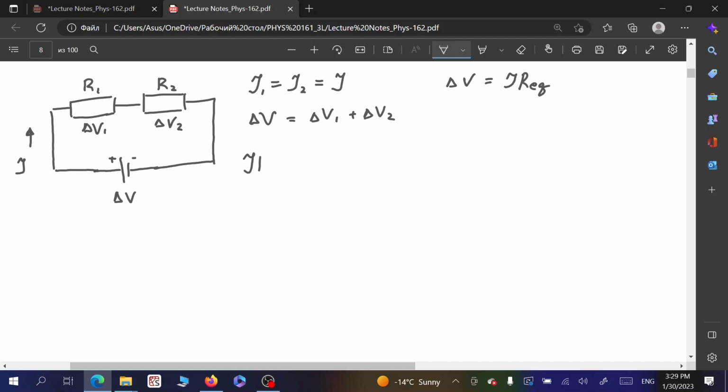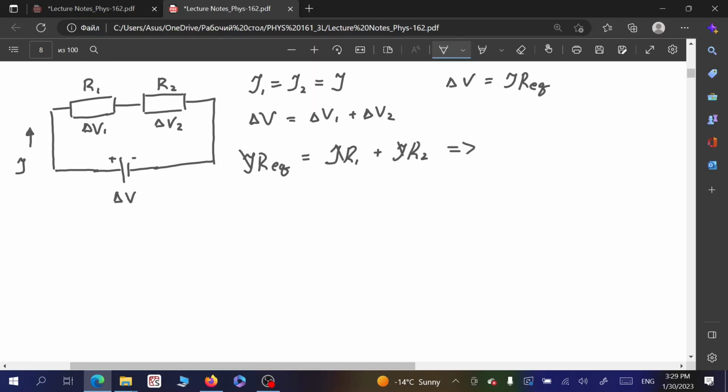So I times R equivalent is equal to I times R1 plus I times R2. We factor out this I, so we can cancel it out.